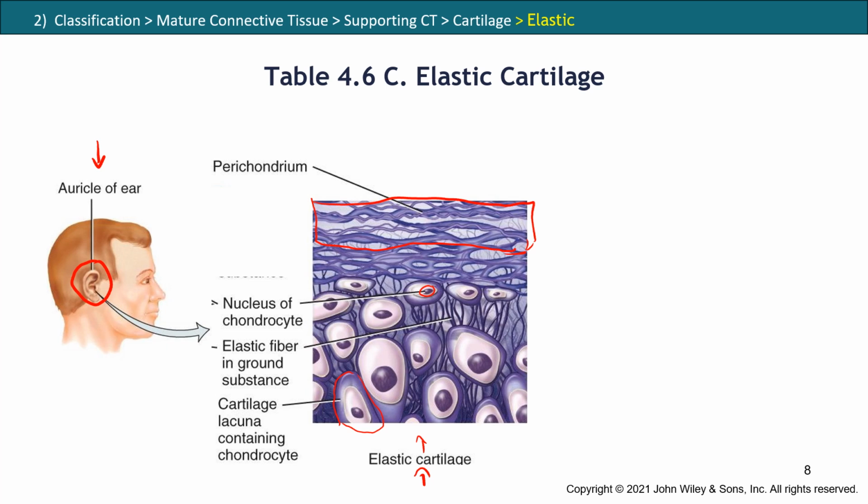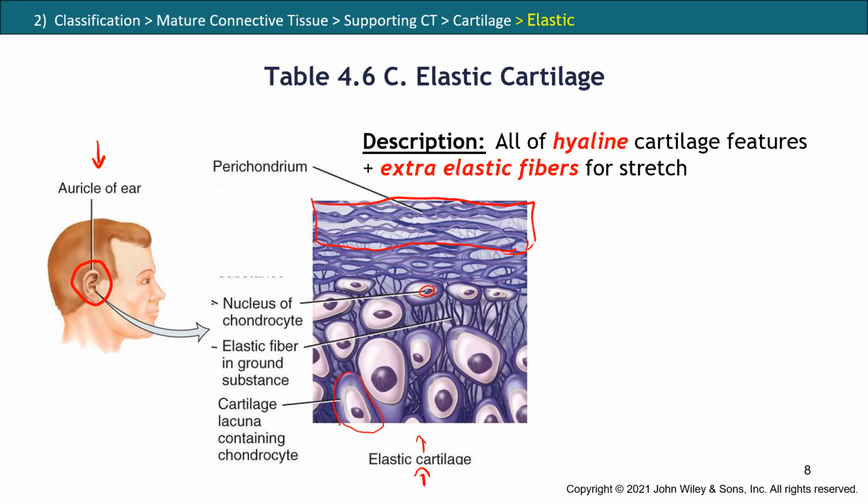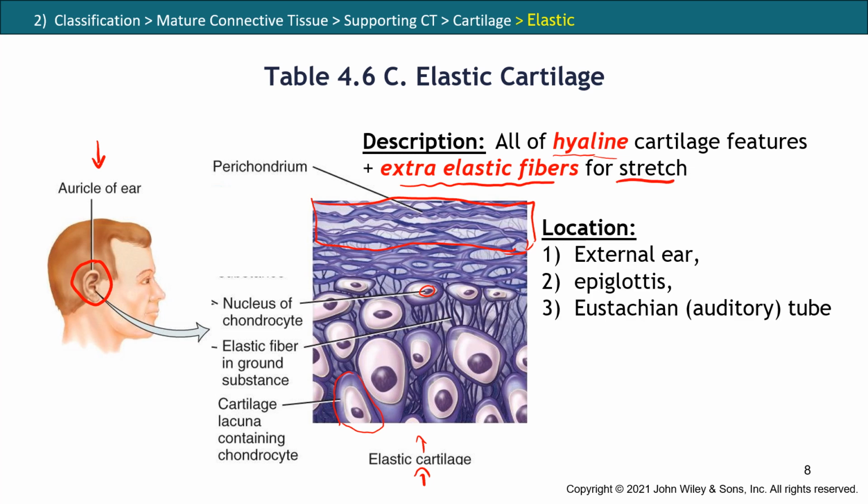Okay, so let's summarize this last type of cartilage, the elastic cartilage. It has the same features as the hyaline, but in this case you have extra elastic fibers for stretching. The location, I already told you, is the external ear in this example, but you can find it in other places like the epiglottis and the auditory tube.